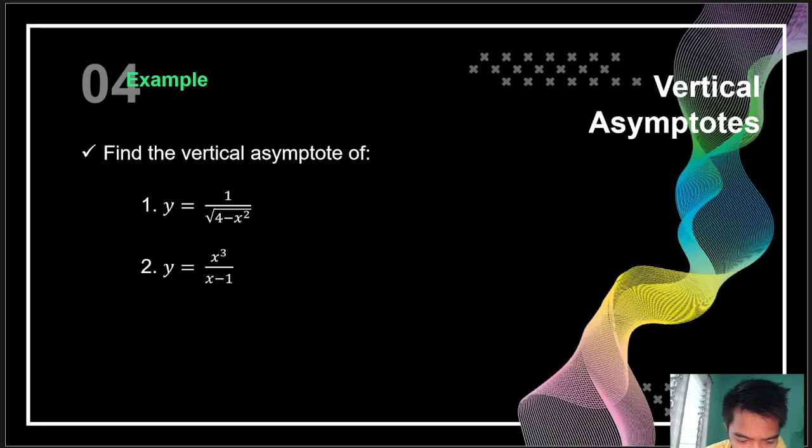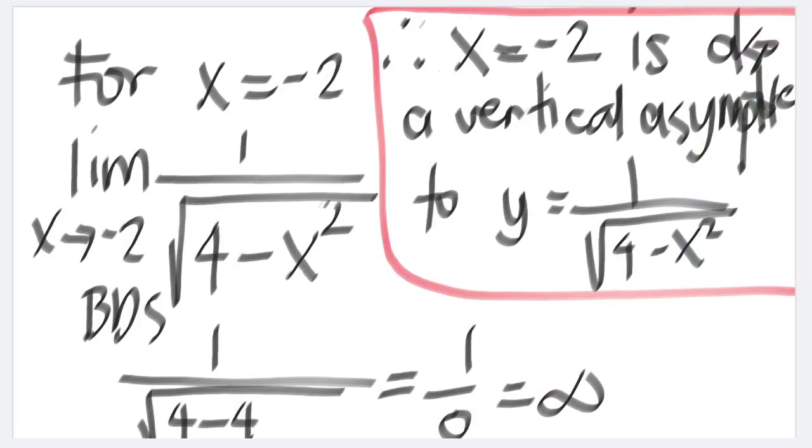You need to get the vertical asymptote of y is equal to x cubed all over x minus 1. So the same process that we have to go through.